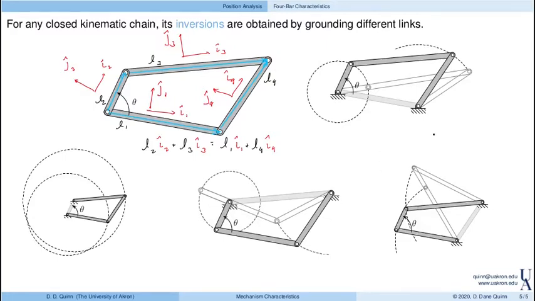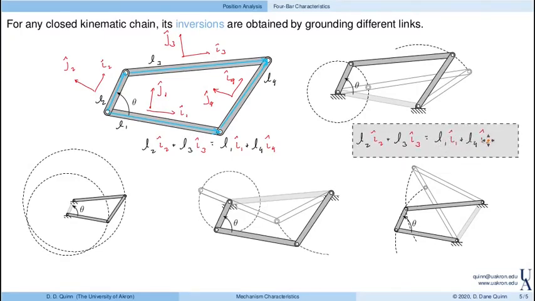So what I've shown here are the different inversions. And in particular, I have traced out the path of the free connections in each inversion. So just like before, we'll write out the loop closure equation for each one of these.